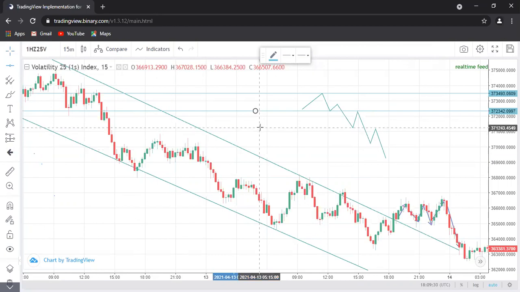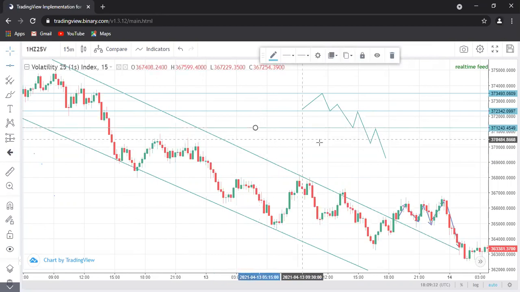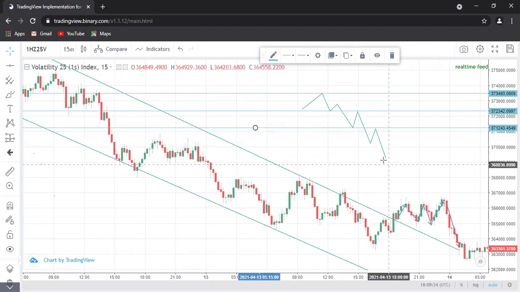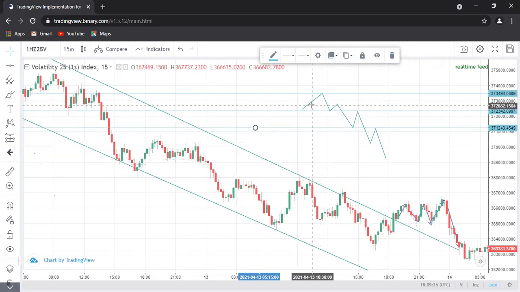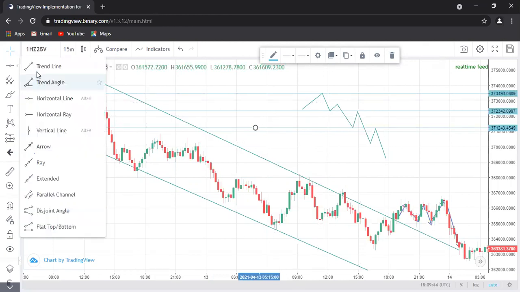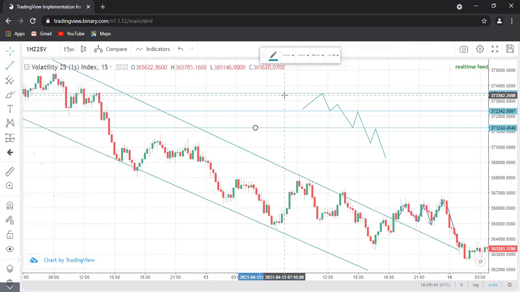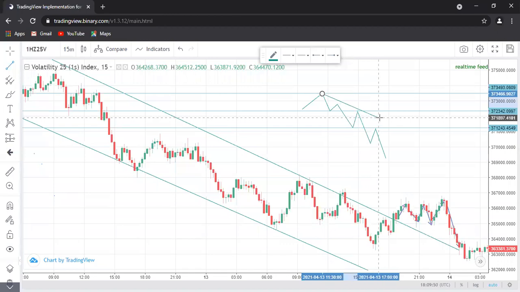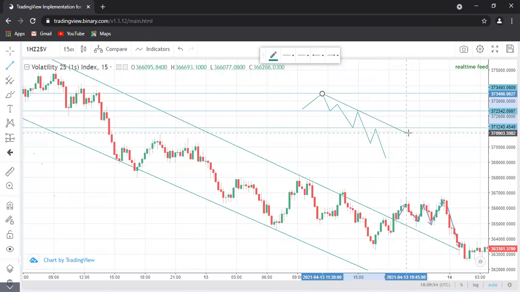Resistance level again. The market breaks it again and comes back. So this is telling you that the market is inside a downward trend. If you take your trend line and draw it, you can still get your downward trend from it. This is the overall trend line for the downward trend.